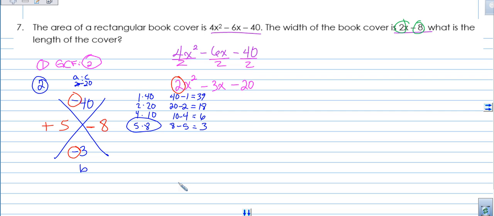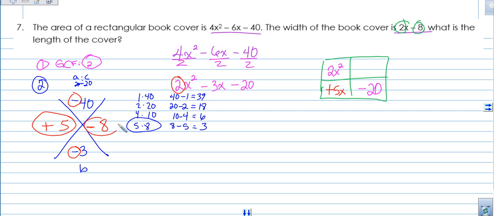Okay, for the box method, you're going to draw the box. You're going to put in your a term, which will be the 2x squared, your c term, which is the negative 20. Then we're going to take our plus 5 and put an x on it, and then we're going to take our minus 8 and put an x on it in here, and then we're going to factor out a GCF from all the sides. 2 and 8 have a 2 in common.